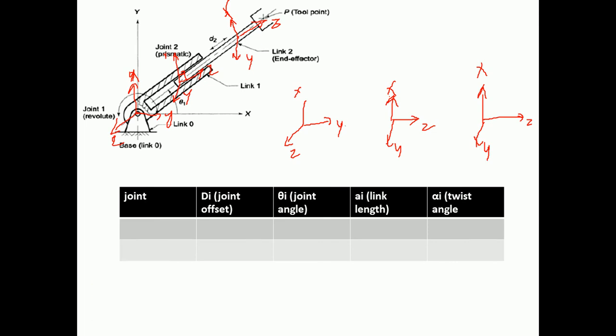Okay, now with respect to frame, this is frame 0, this is frame 1, and this is frame 2. So for joint 1 we are going to write the DH parameters. Over here you can see this is the z axis, this is the x axis, and this is the y axis. Now with respect to this, the common normal is the distance between this fixed link and this prismatic joint 2.